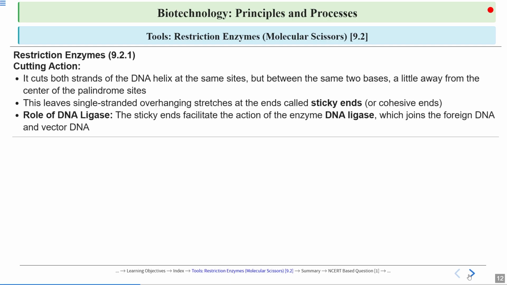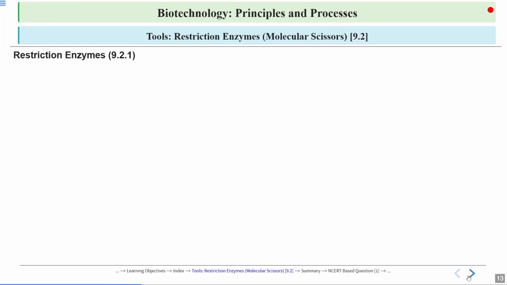These sticky ends join together with the help of the enzyme DNA ligase. In this slide we are going to see a picture where you will get a better idea of how the sticky ends look.